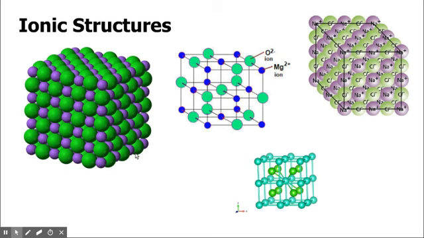Now, ionic structures are more cube-like in structure. The reason being, as long as you're a positive, you can attract any negative in any direction. It's not going to be just a one-dimensional direction. It's going to be 360 degrees. So that's why most of them are going to be cube-like in structure.